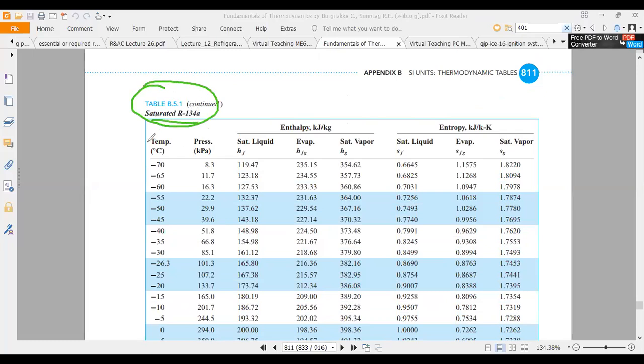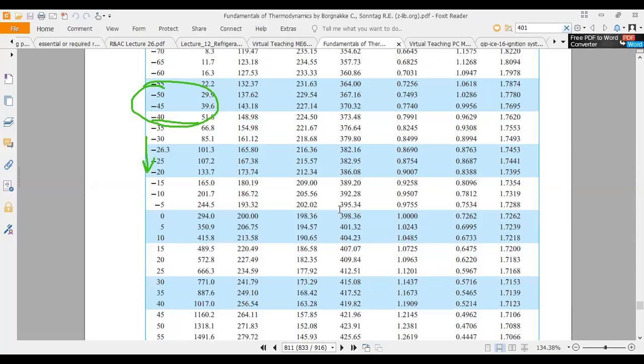This is temperature based because you see that temperature is the independent variable given, that is the leftmost column. Now corresponding to 40 degrees centigrade, you can see that the pressure is given as 1017, and the unit is kilopascal.